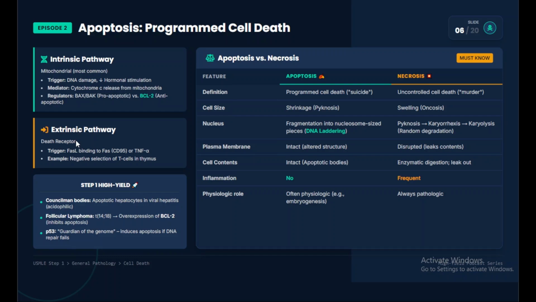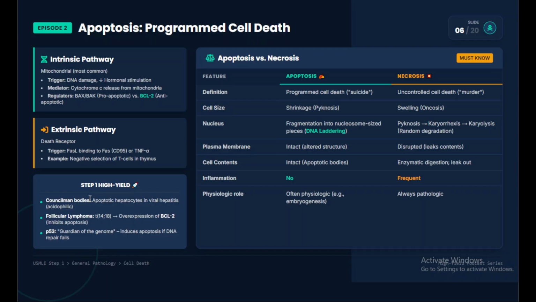Now, if I talk about the high-yield morphology and clues of apoptosis and necrosis, I'll go into detail of this first. When you look under the microscope, you can see Councilman bodies. Let's suppose you're seeing someone who has viral hepatitis, right?